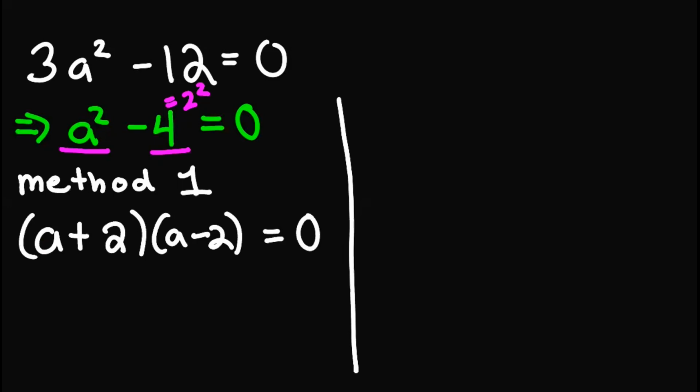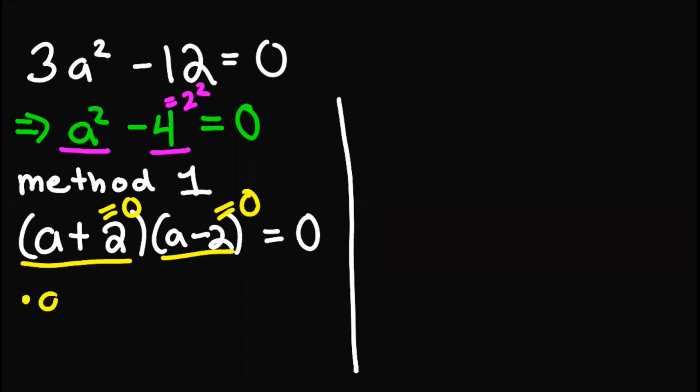From here, take note, when will this equality hold? I keep repeating that since that idea is very essential in understanding this topic. So this equality will hold if either of these two is equal to 0.